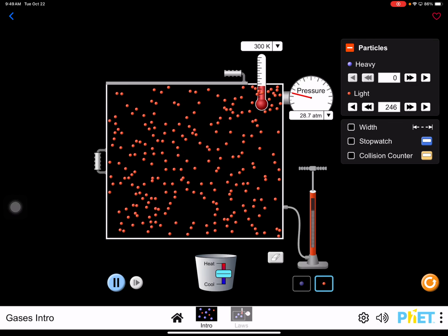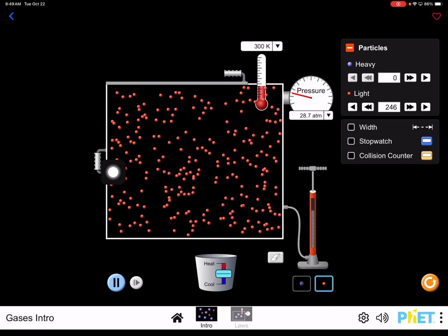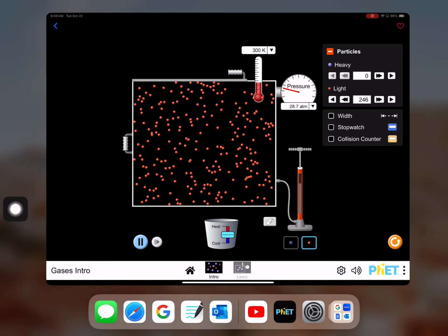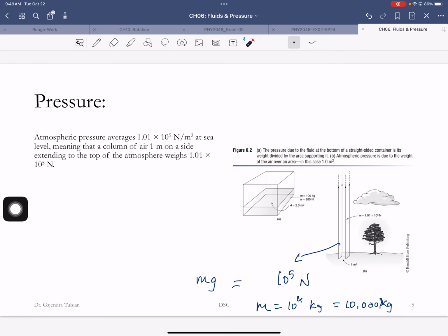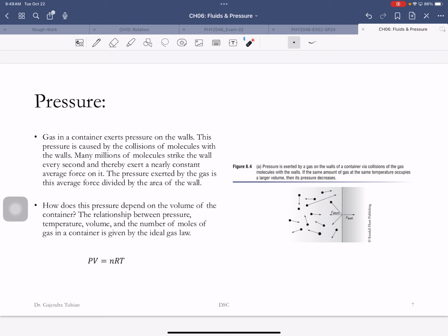So here is a microscopic view of pressure, and you want to keep that in mind. When an air molecule or a fluid molecule bounces off, the wall is exerting a force on the molecule, and the reaction force exerted by the molecule on the wall is what's causing the pressure.